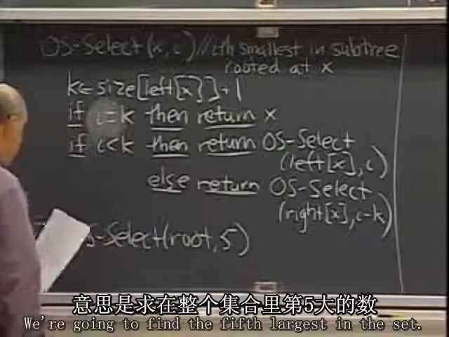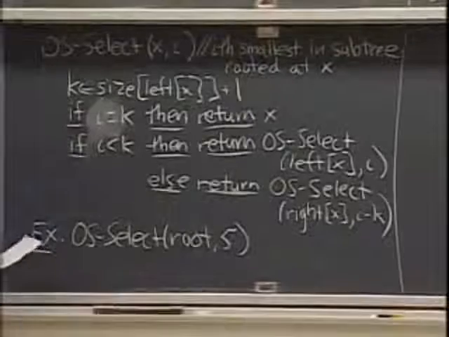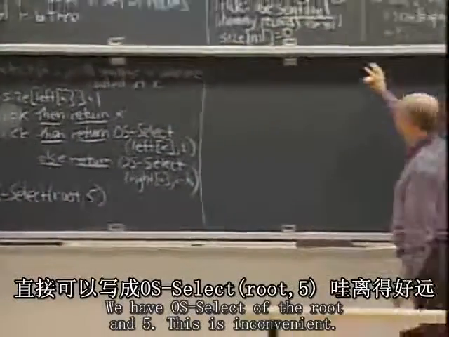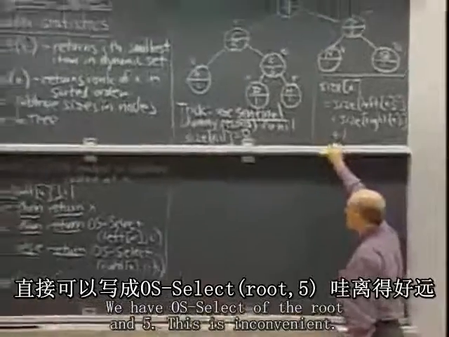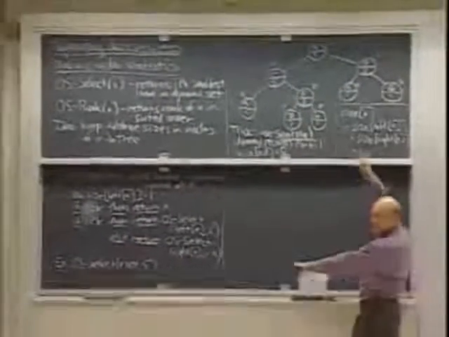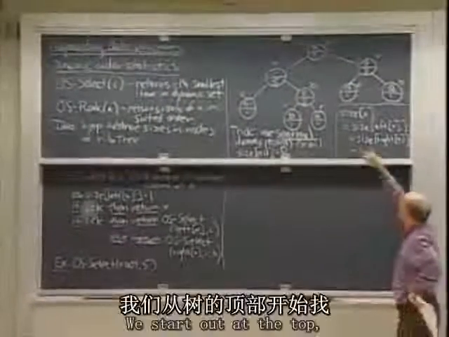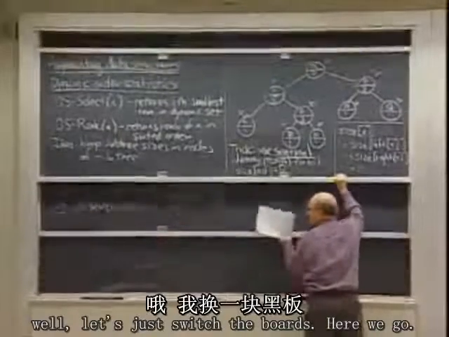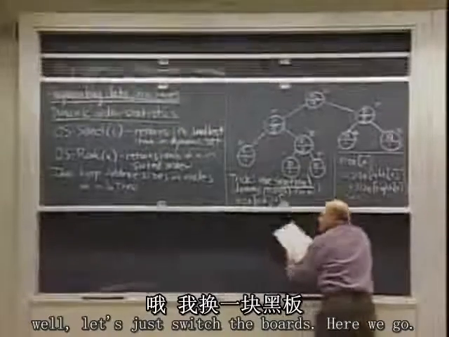We want to find the fifth largest in the set. So we have OS select of the root and 5. This is inconvenient, so let's just switch the boards. Here we go.